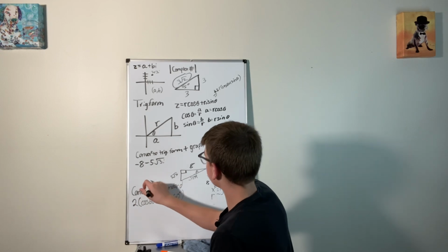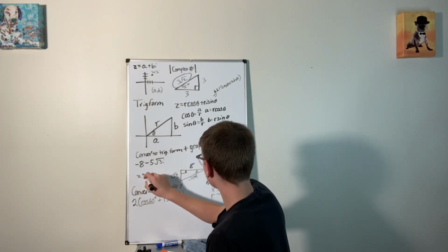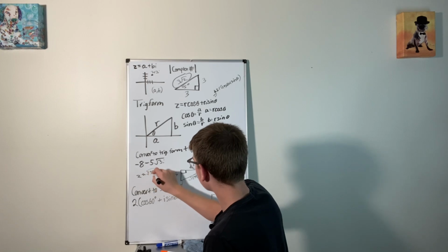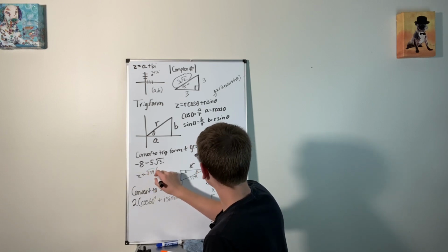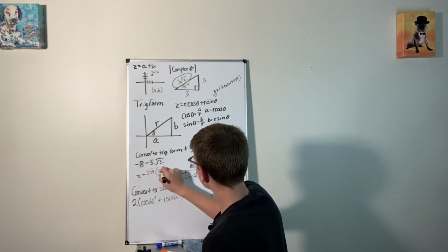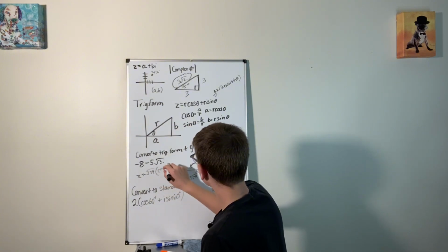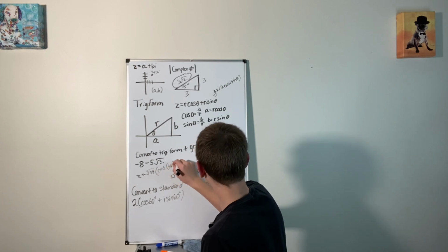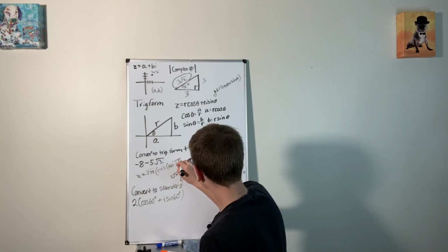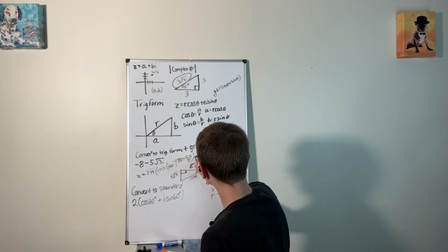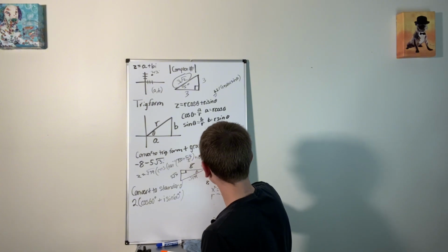So we say z equals root 139 times the cosine of tangent negative 1 of 180 plus 5 root 3 over 8, plus i sine of tangent negative 1 of, there's probably another parenthesis there, that's 180 plus 5 root 3 over 8.